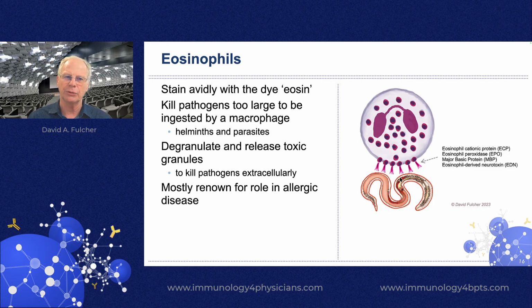The eosinophil sort of fights back by trying to dump all these granules onto the pathogen and hopefully bring about its demise. So it's designed to kill these big pathogens extracellularly, a role that doesn't seem that effective, to be honest, and we mostly know them for their role in allergic disease.